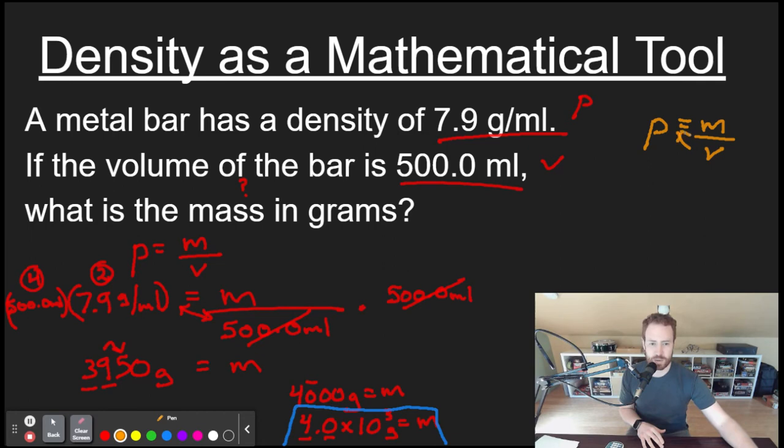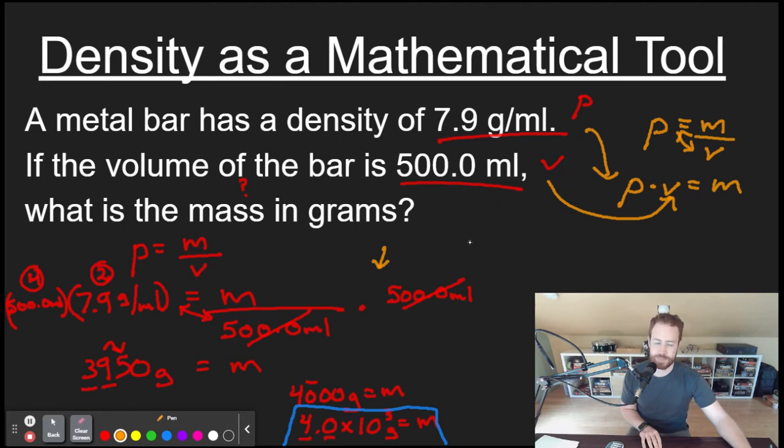So if we cross multiply density times volume, we get that density times volume equals mass. And that's a little bit easier because then you can just plug this number in here, plug this number in here, multiply them, and you've got the mass. You don't have to do all of this stuff here, right?